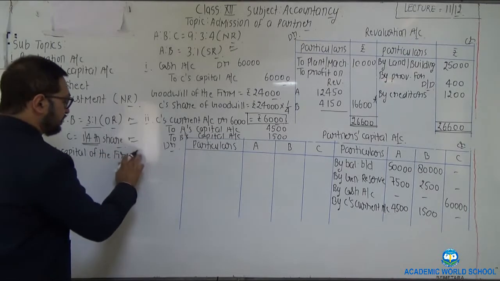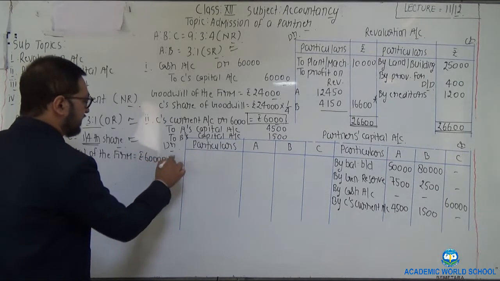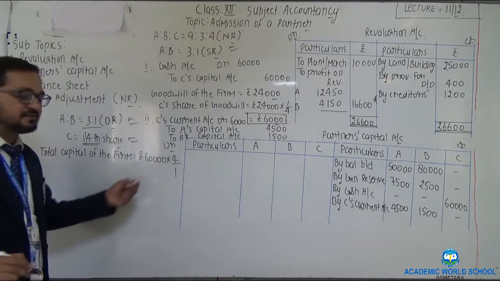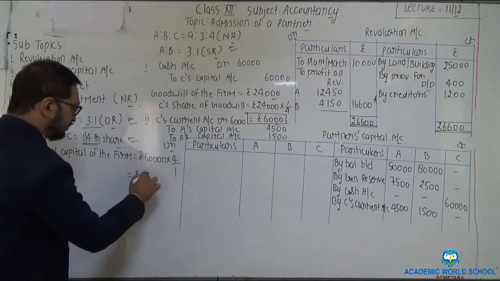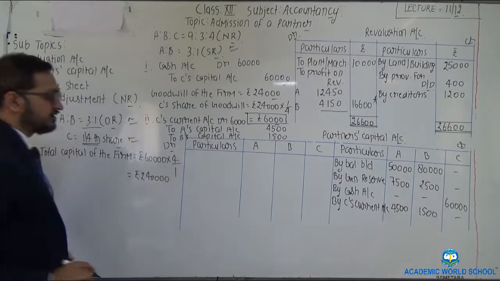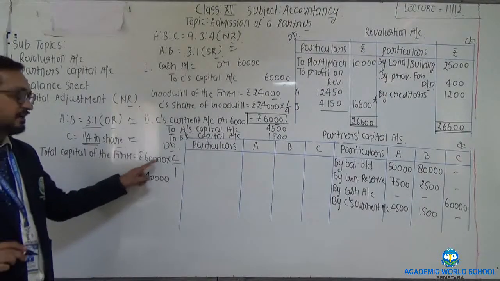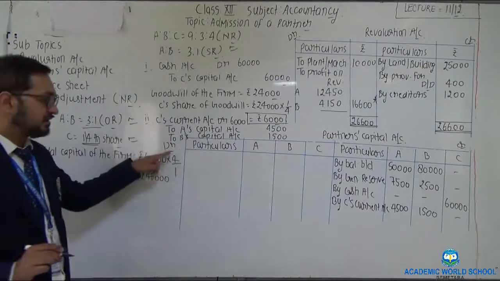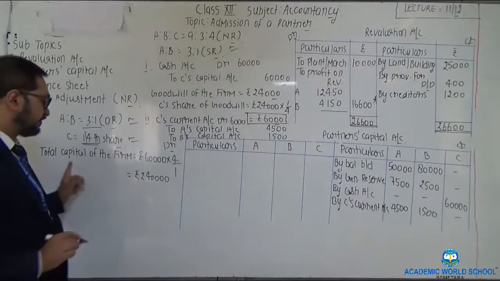That would be equal to 60,000 multiplied by 4/1, that is the reciprocal of C's share. So it gives you 2,40,000 rupees. Is this clear? 60,000, the new partner's share of capital, multiplied by the reciprocal of his share, that is 4/1, gives 2,40,000 as the amount of total capital.